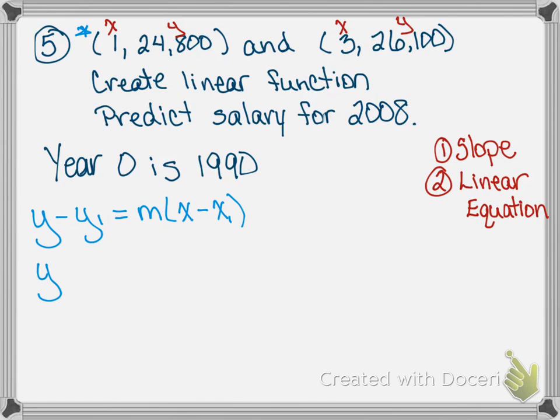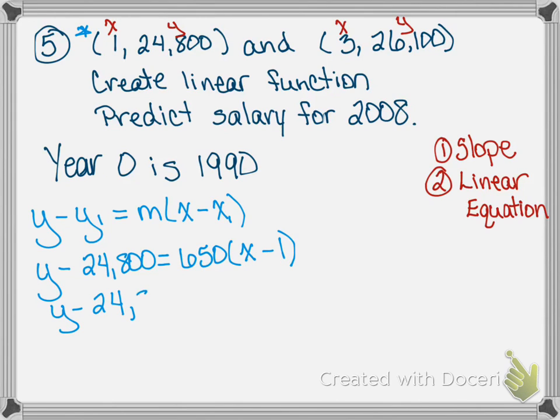So I've got y minus 24,800 equals my slope, which is 650, over x minus 1. I distribute my slope. So I have y minus 24,800 equals 650x minus 650.